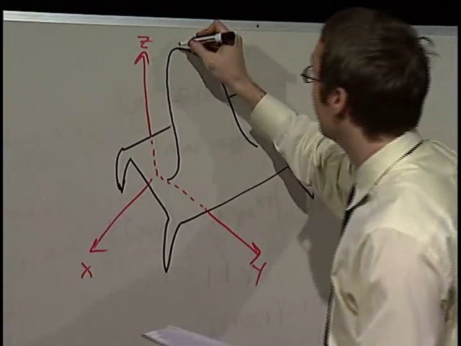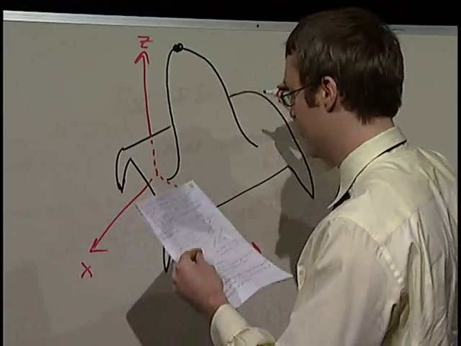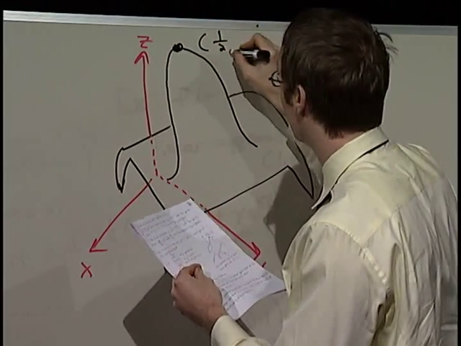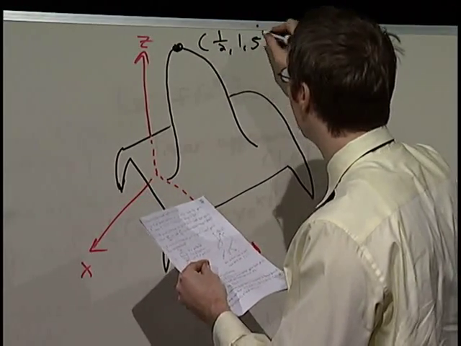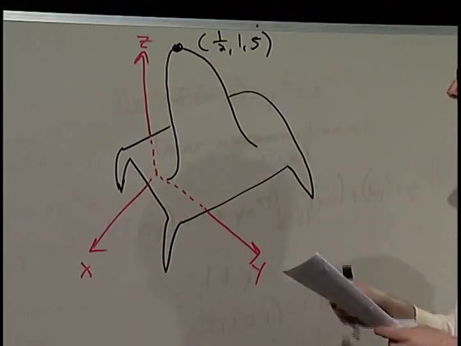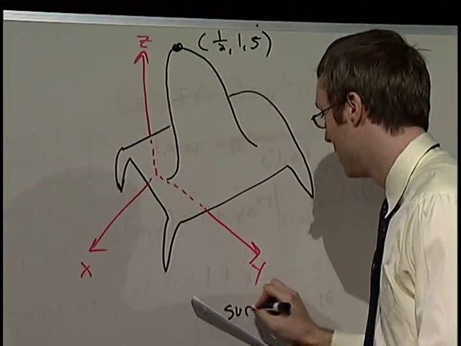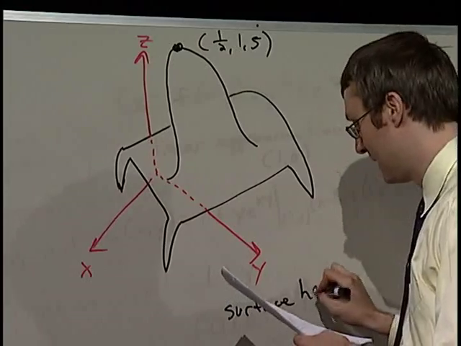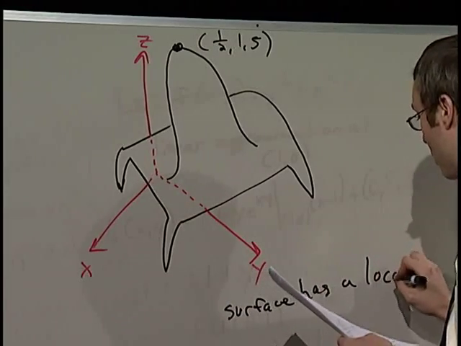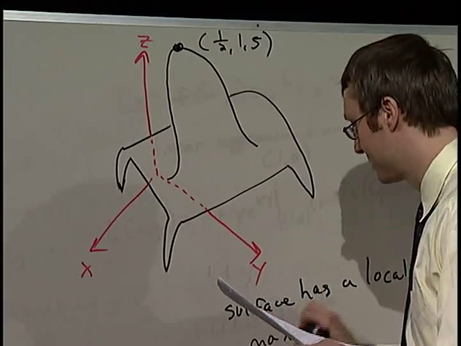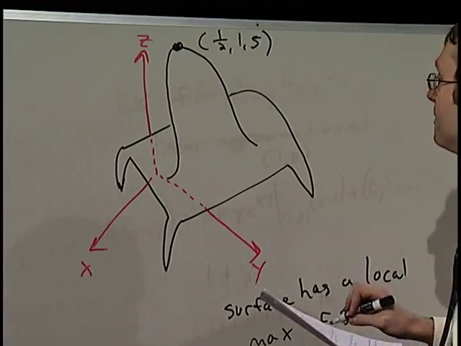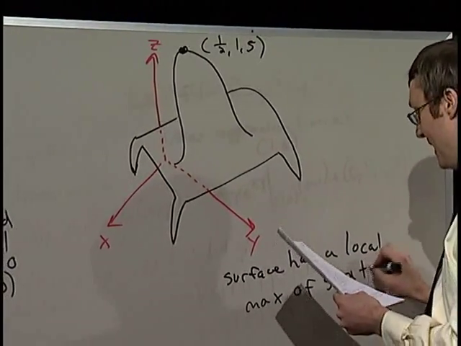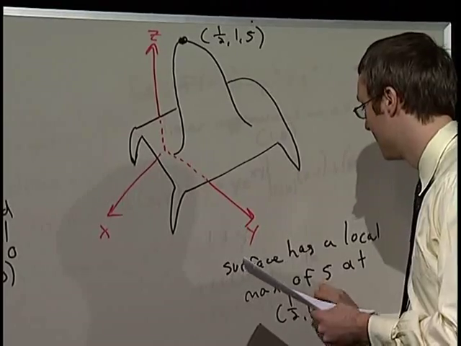And suppose this point up here is, I don't know, (1/2, 1, 5). So this surface has a local max of 5 at, say, the point (1/2, 1).